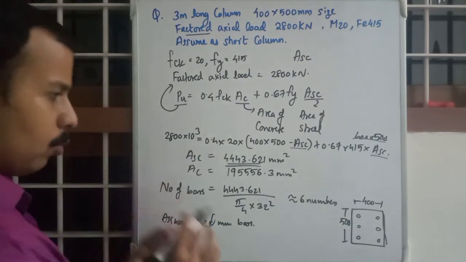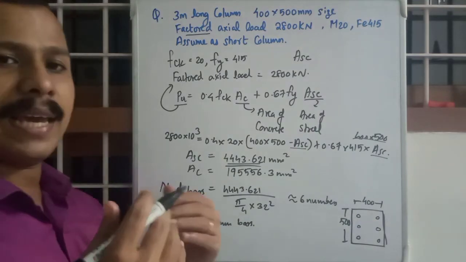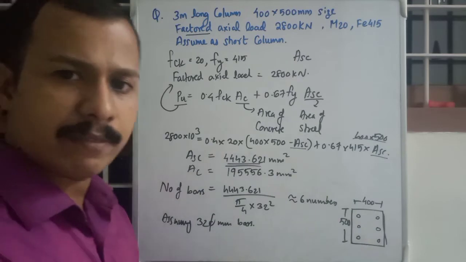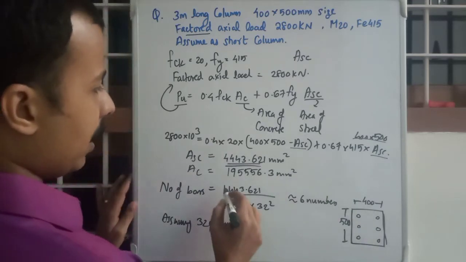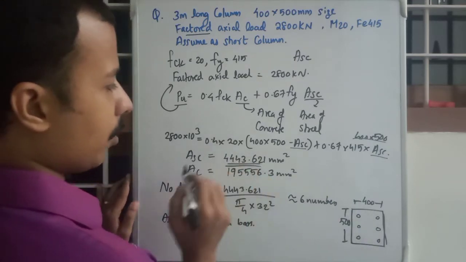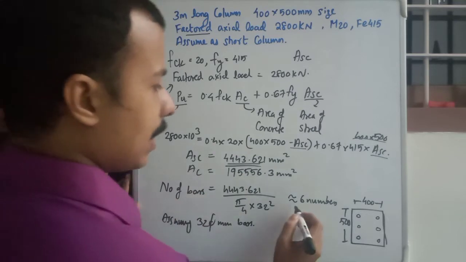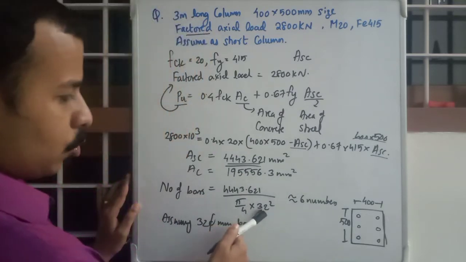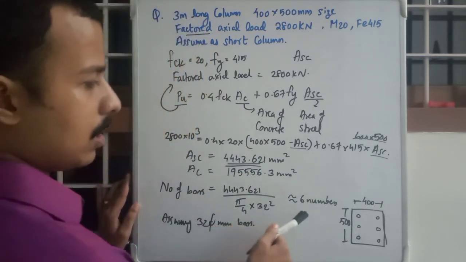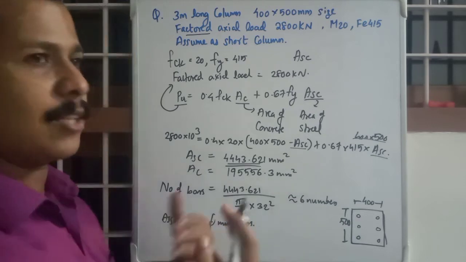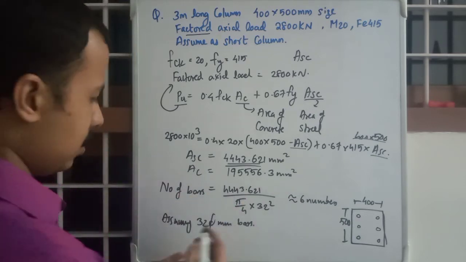Now you need to calculate how much Asc we are actually providing. Required is 4443.621, but as we are providing 32 mm diameter bars, 6 numbers, what is the actual?